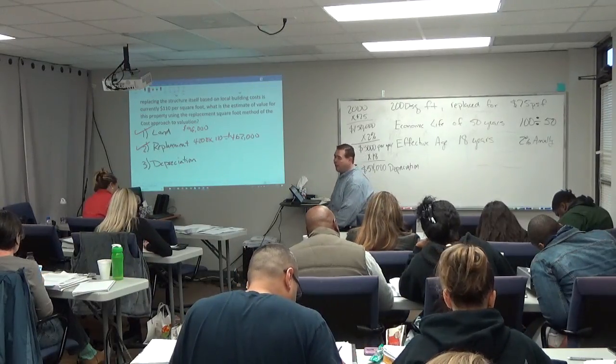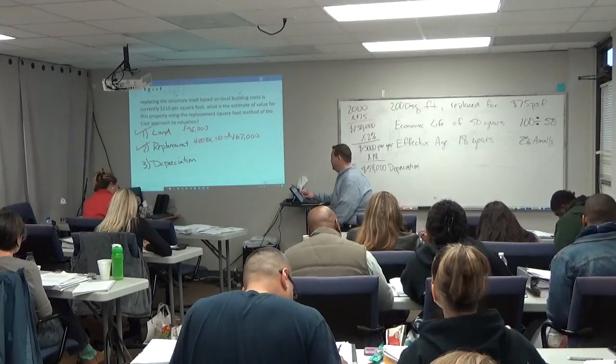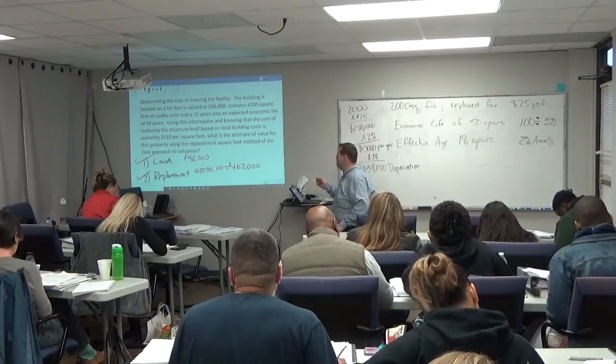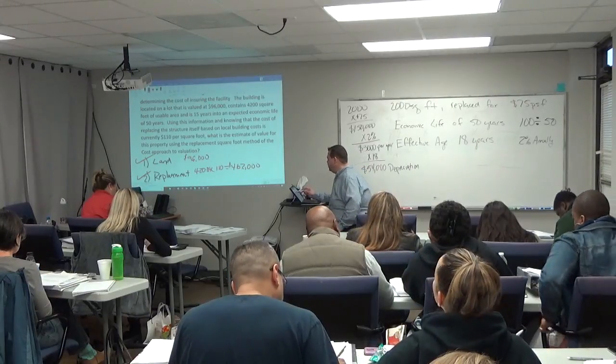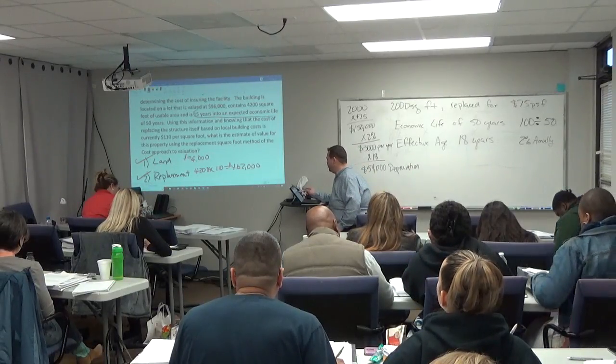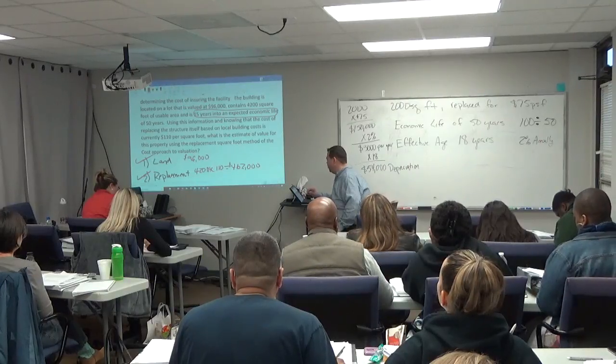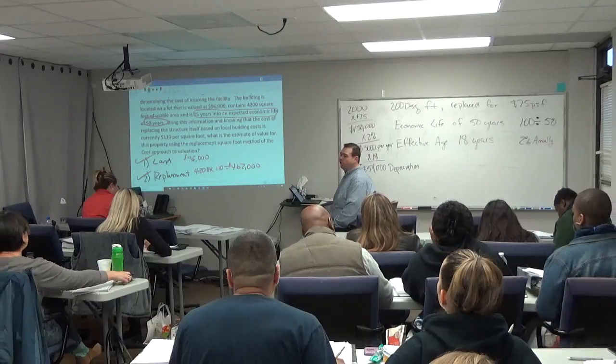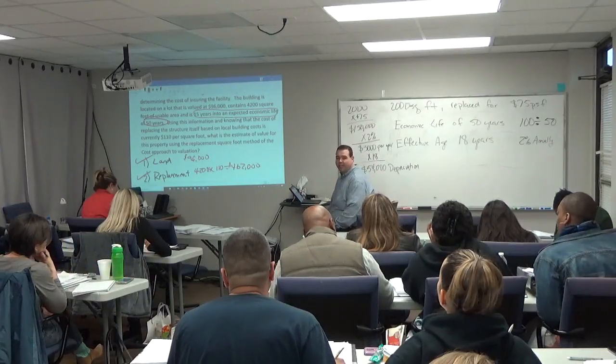Now step 3, the last one, which is the more complex one, is the depreciation. What numbers did they give us that matter here? It's 15 years into an expected economic life. Okay, so economic life of 50 years, is that important? Yes. 15 years into it, that's the effective age, right?